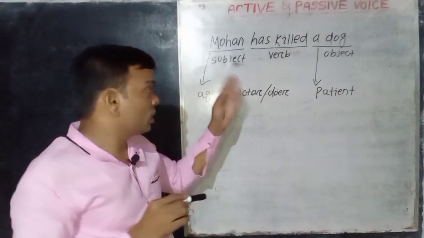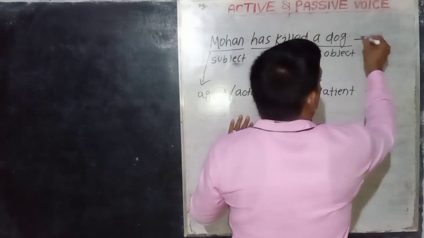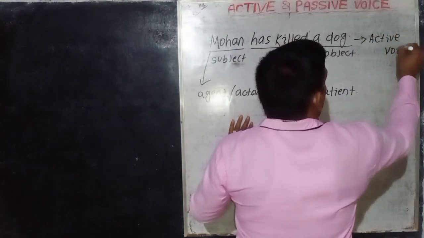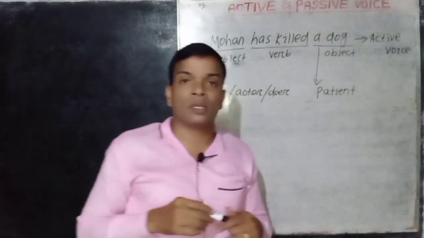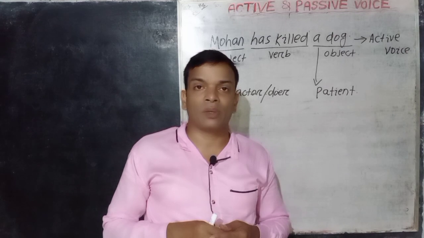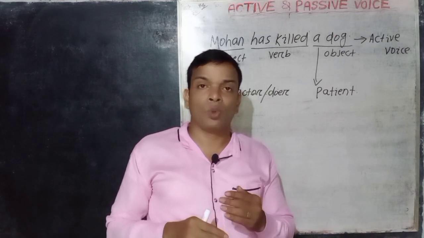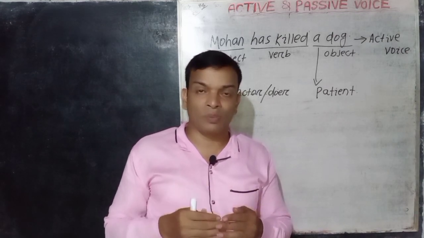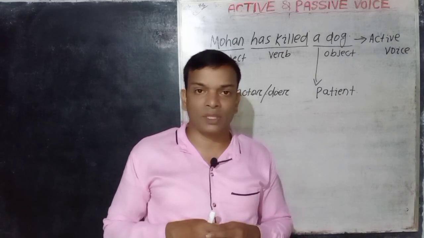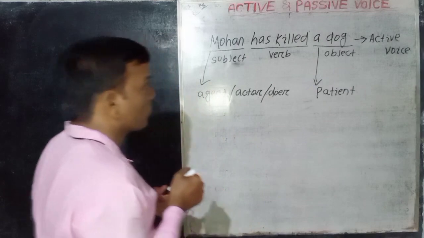So the particular sentence we can say is in active voice. Remember, generally we can say the subject-headed sentence is called active. That means when the speaker puts more emphasis on the subject than the object, then the sentence is in active voice.